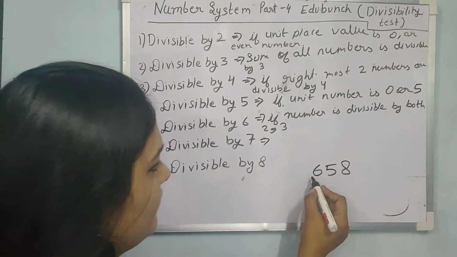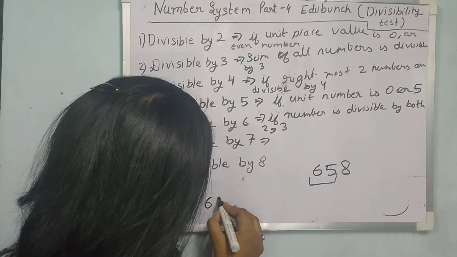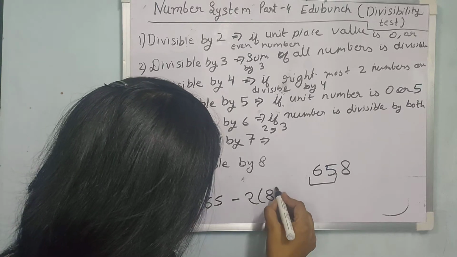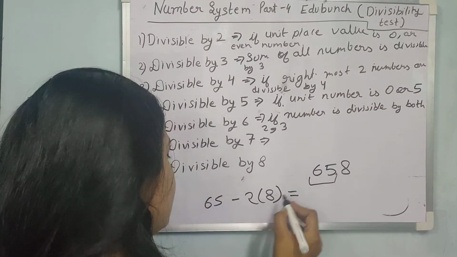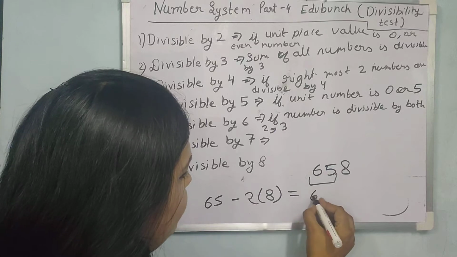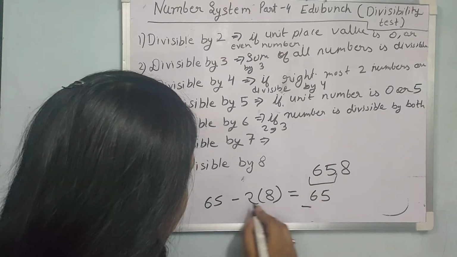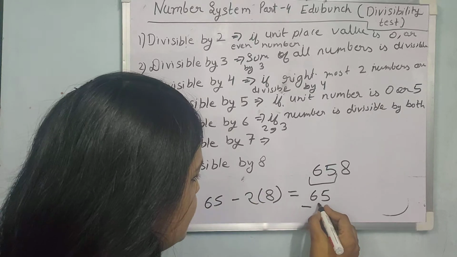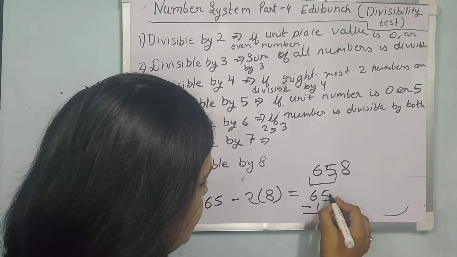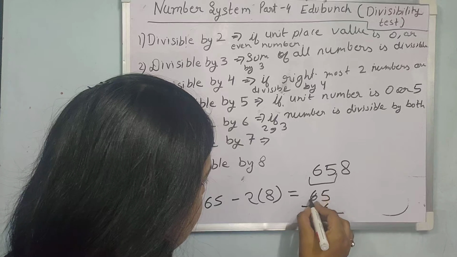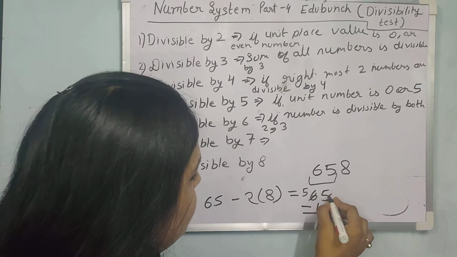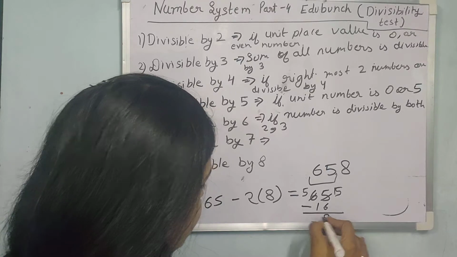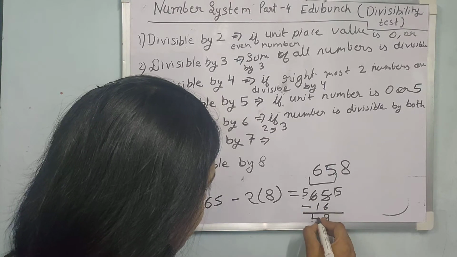Here we will write 65, then subtract twice the ones digit: 65 minus 8 twos are 16. So we get 9 and 4.